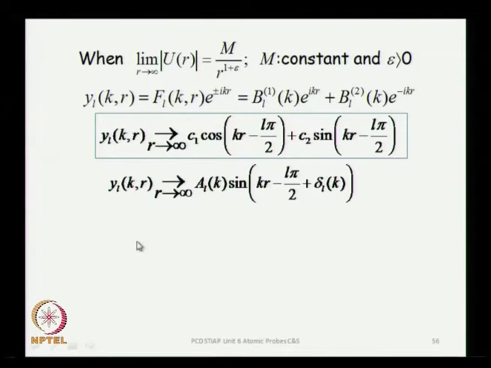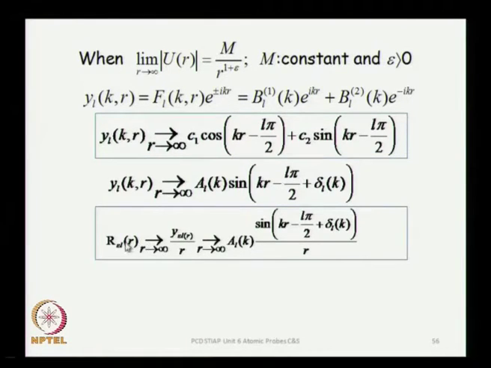So it is a straightforward thing to do, and what you discover is that your radial function, which is y divided by r, is simply this sinusoidal function, which is the same thing as you get for a free particle with an additional phase shift.